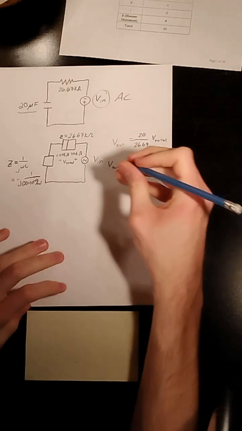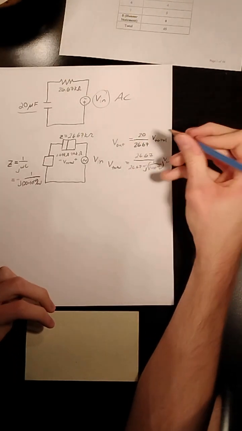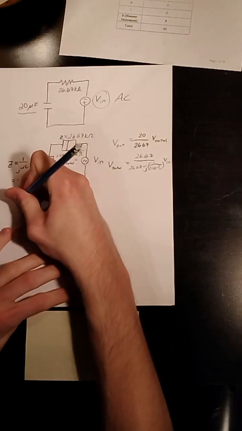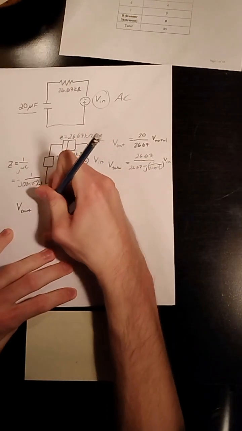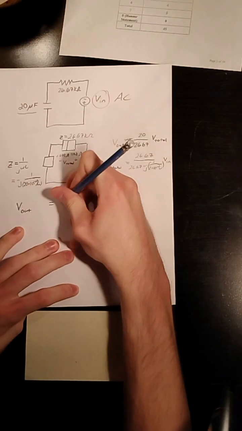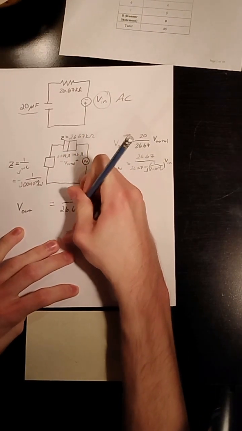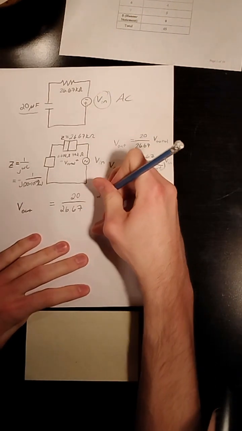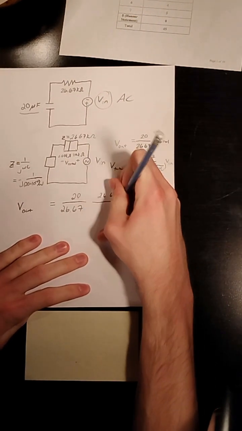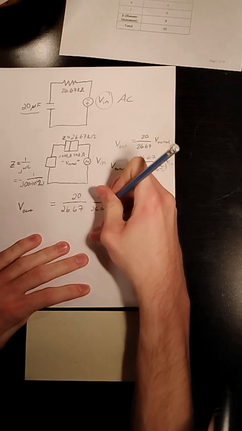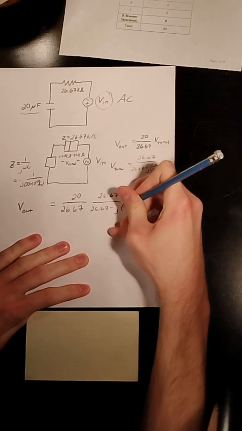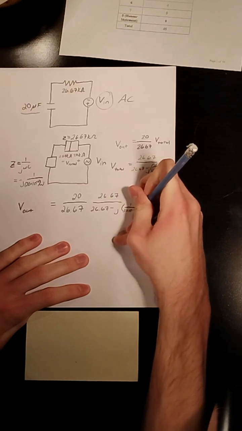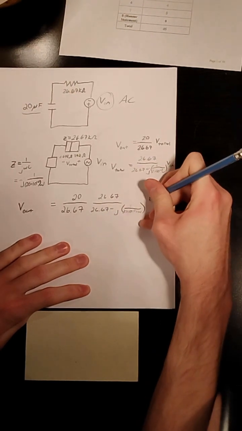Okay, so let's plug this value into here then, and we should get an expression for V out in terms of V in. What we'll get is 20 over 26.67 times 26.67. Oh, that's nice. 26.67 minus j, 1 over 2 times 10 to the negative 5 times omega times V in.